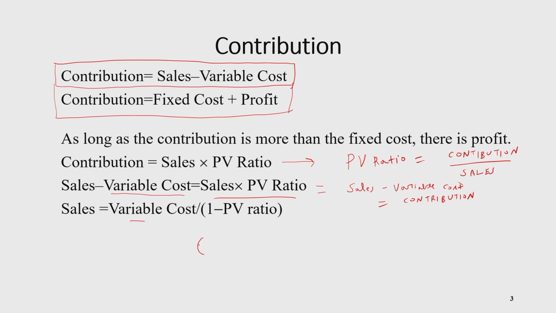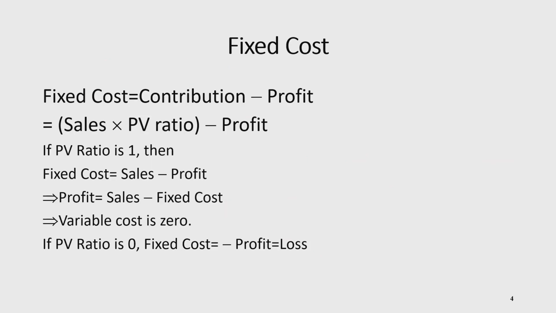Sales times 1 minus PVR is equal to variable cost VC. Therefore, sales becomes VC divided by 1 minus PVR. Here sales is in terms of the money earned.